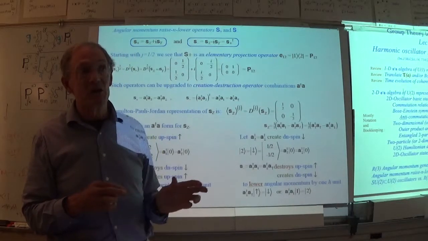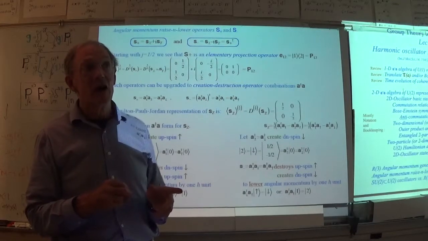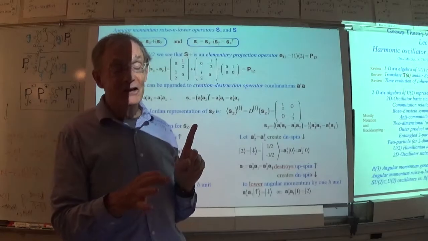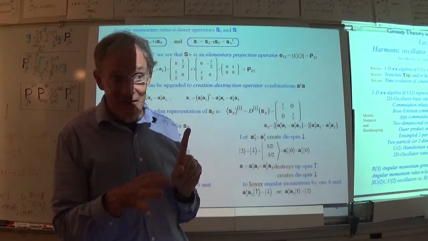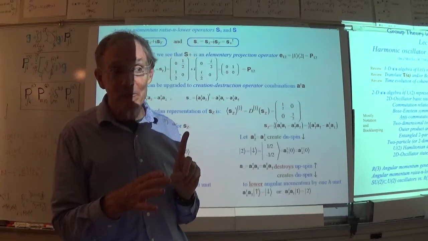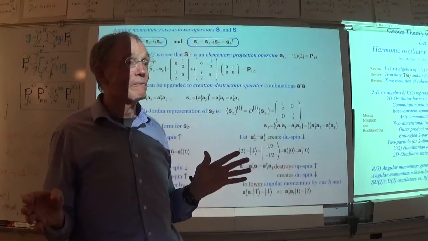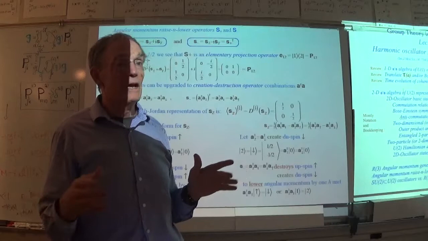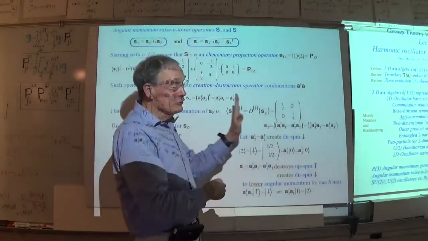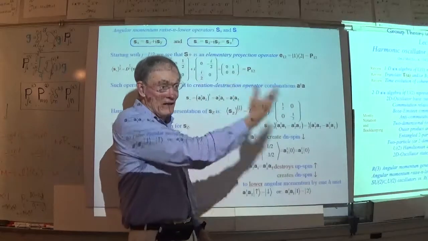So when I apply a destruction operator to destroy a spin up, and the state doesn't have any spin up, it's already vacuum, I get 0. And that's the whole reason for having the normal ordering, remember? Putting those destructors to the right.